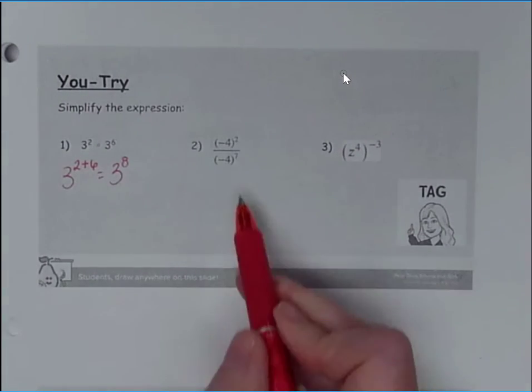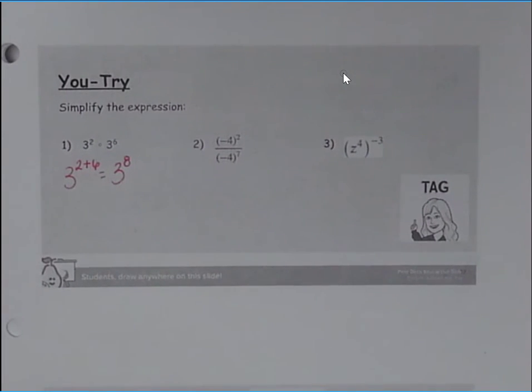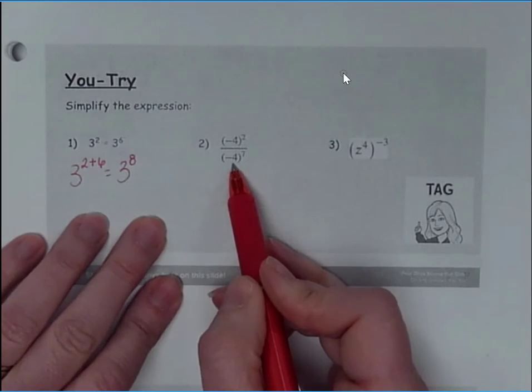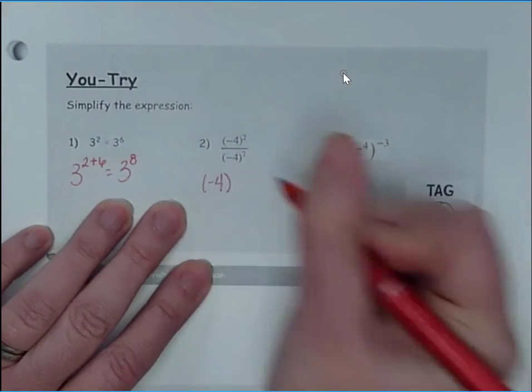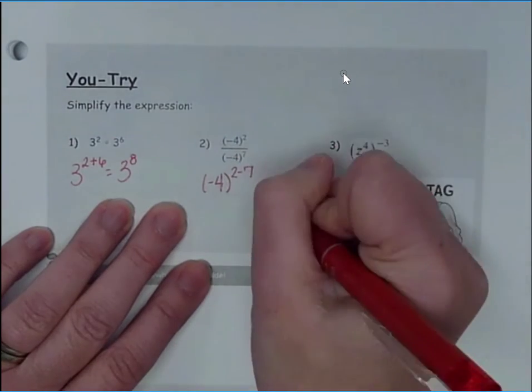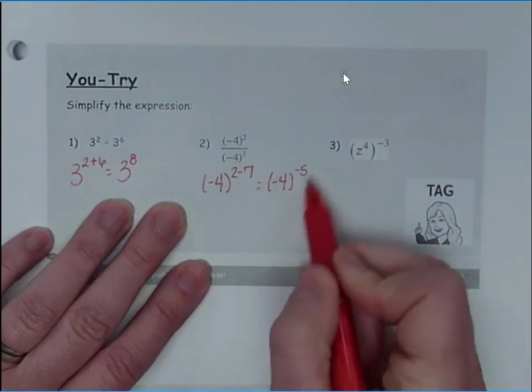Now here, I'm going to take a look at this one. Notice my top exponent here is less than the denominator, and that's okay. So I've got -4, same base, to the 2 minus 7. So that means I have -4 to the -5th.